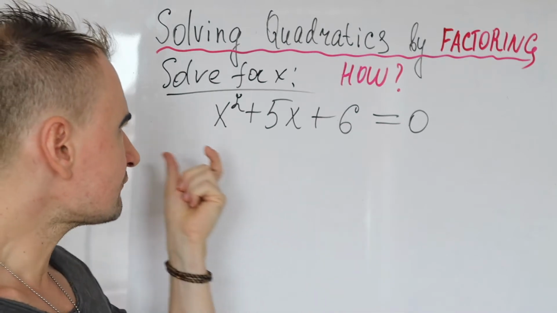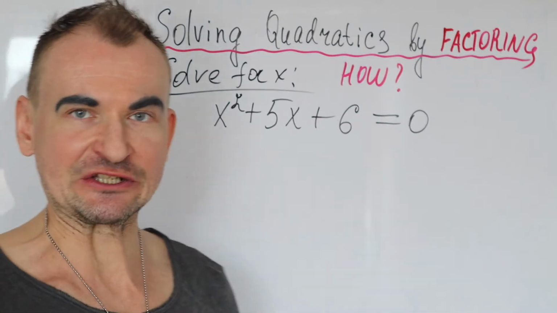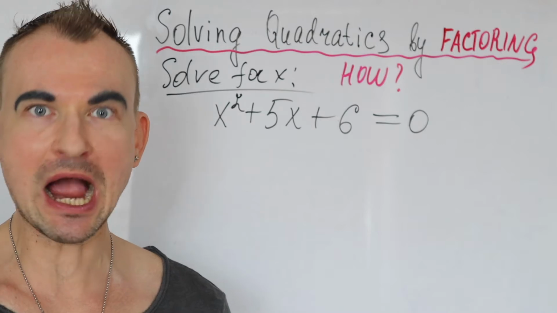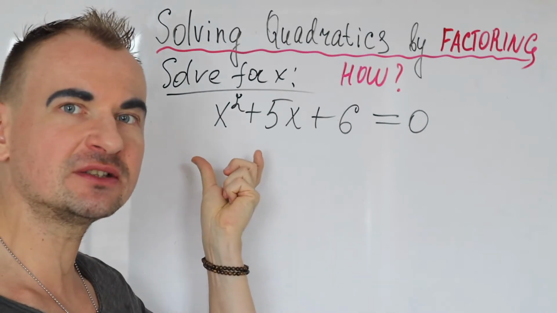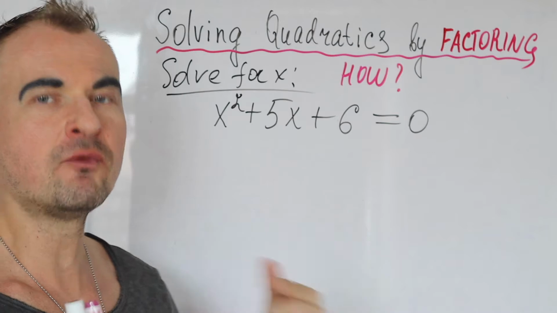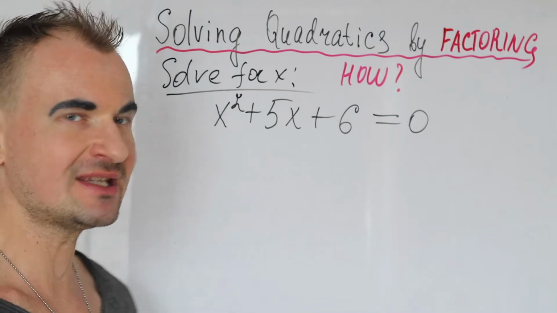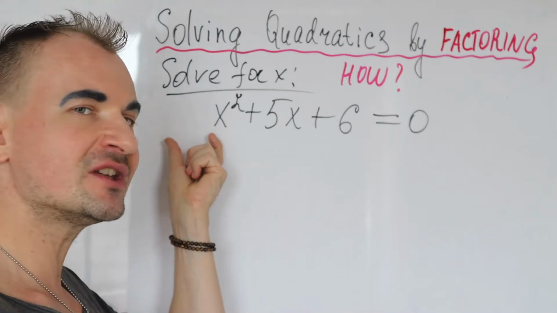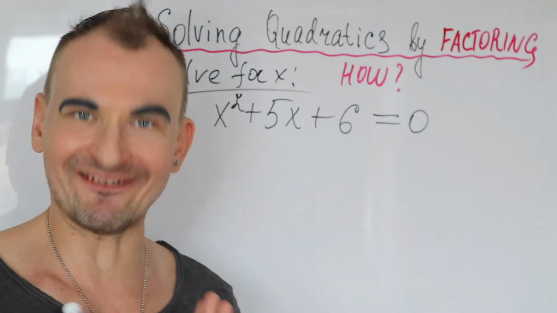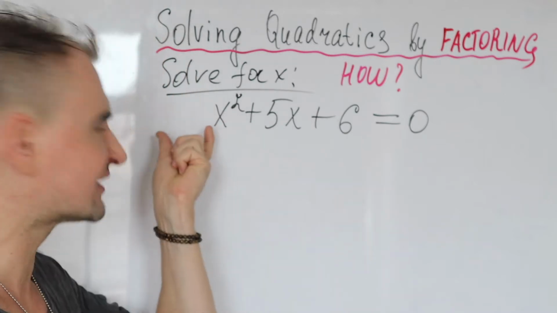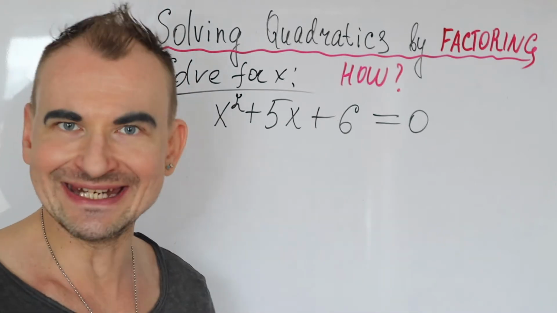Now, the first instance we're going to take up is when your leading coefficient is 1. What is the leading coefficient? It's basically the coefficient in front of x squared. Sometimes it's called the first coefficient because it comes first, or leading coefficient.